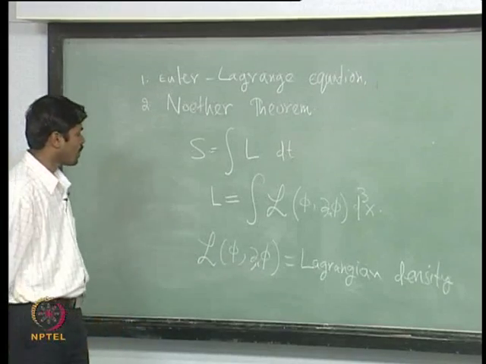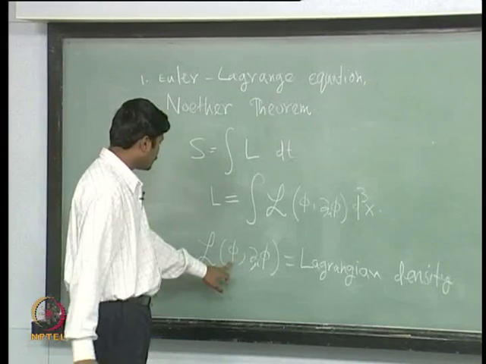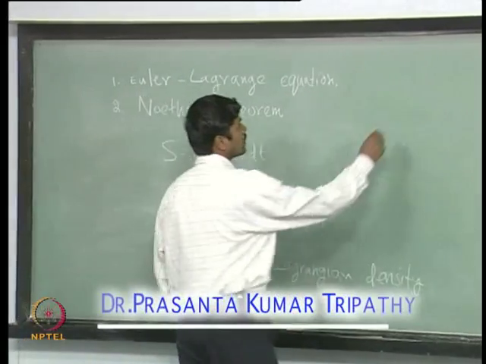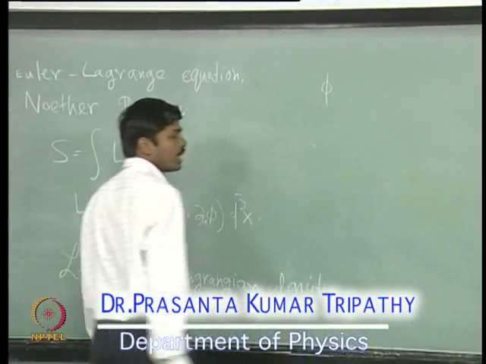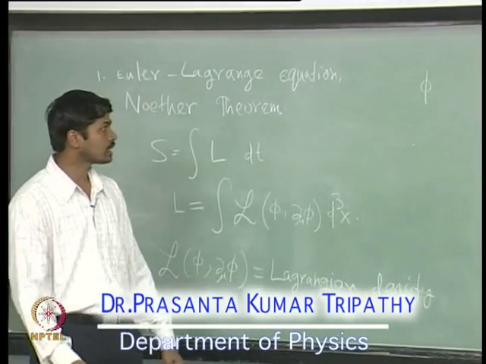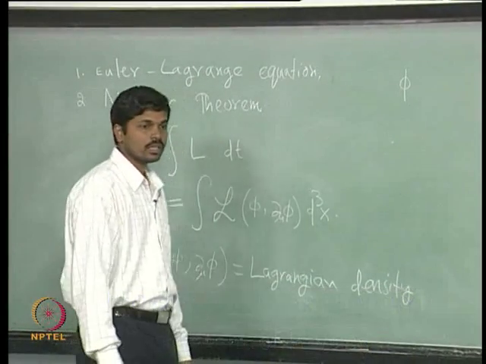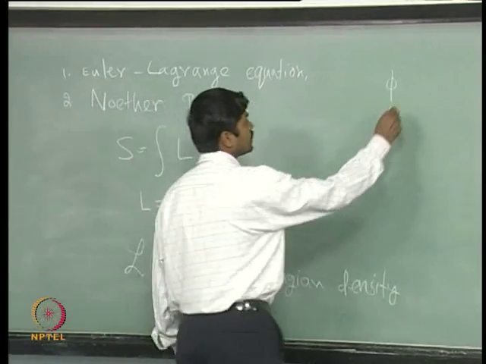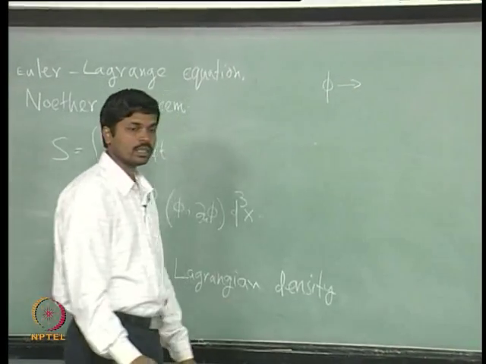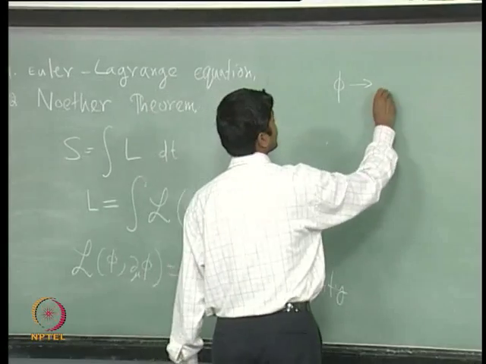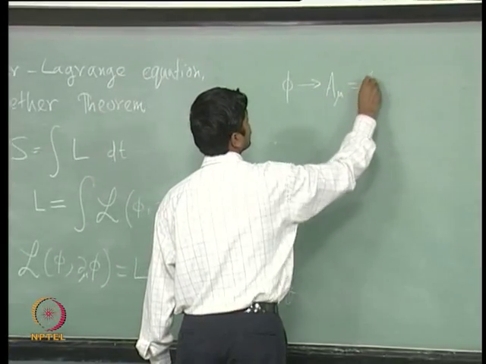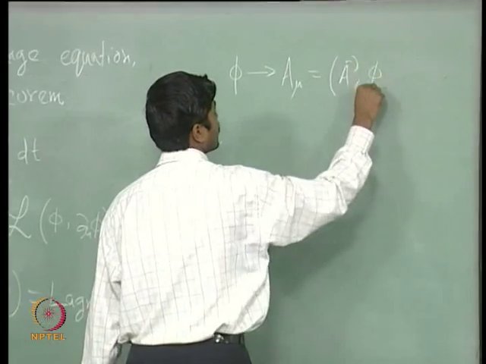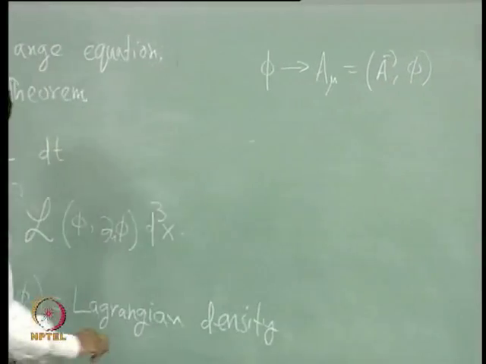The field phi here depends on what system we are describing. For example, if we consider a system of electromagnetic fields, then the field phi is the gauge field A mu, which is nothing but the vector potential A and the scalar potential, which is also denoted as phi.